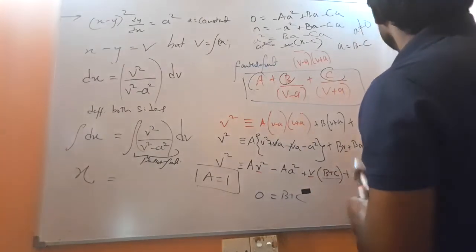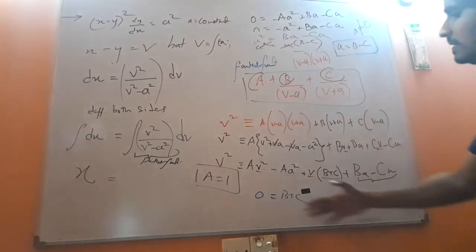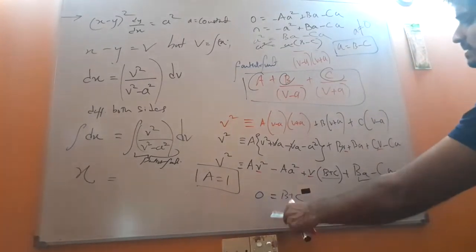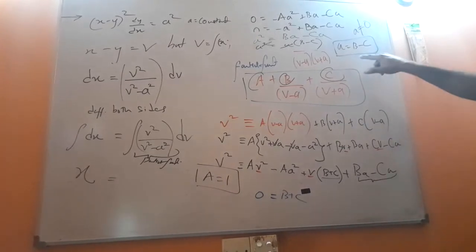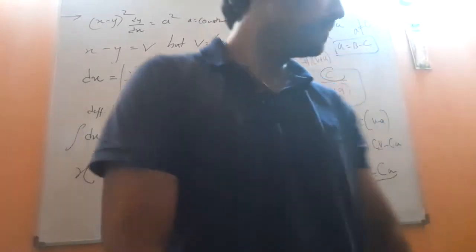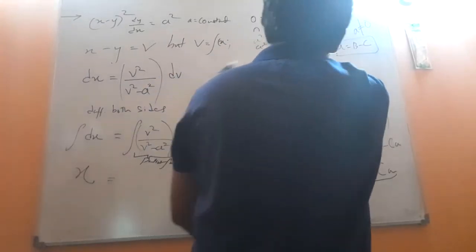Right? So now in one result it says 0 equals B plus C. In another result it says A equals B minus C. You got it? Shall I erase this part again? Because this is all about partial fractioning.